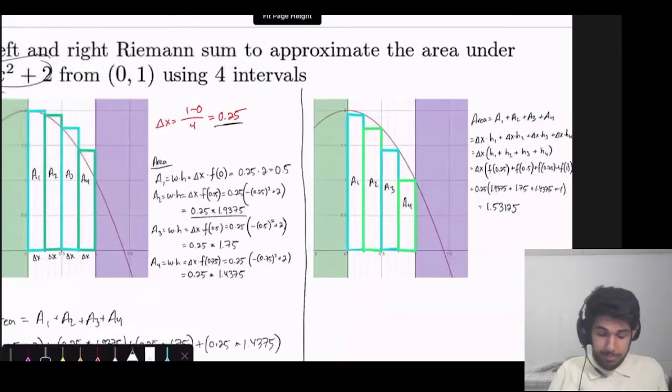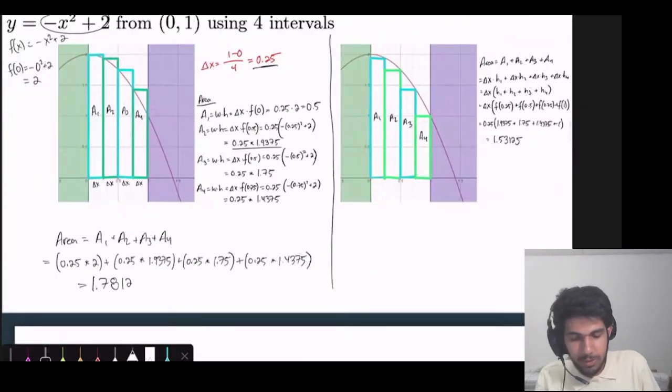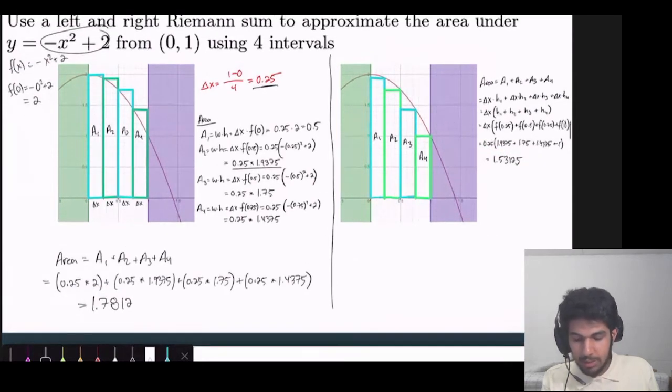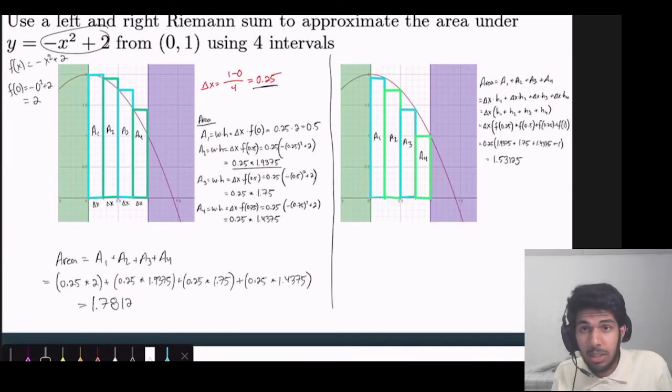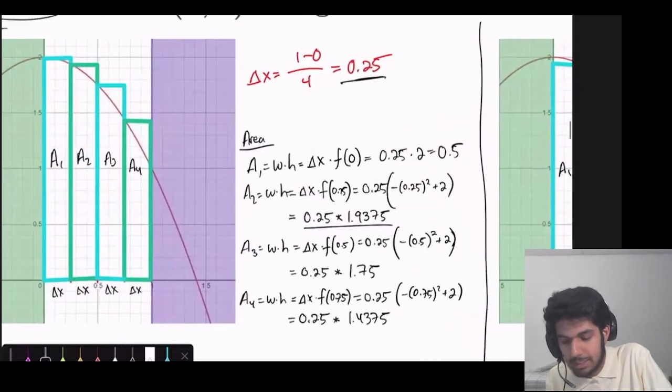Okay, great. So we've computed area twice. Let's just compare the values we got. So for a left Riemann sum, we got 1.7812, and for the right-hand side we got 1.53. So the left hand was greater than the right hand. Does that make sense? Yeah, it should, because here we can see that we're overestimating.